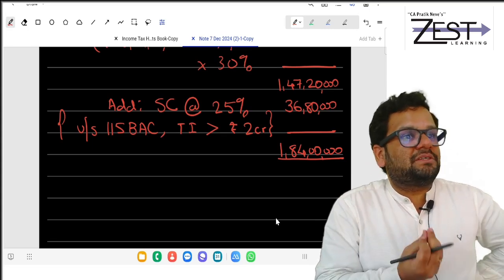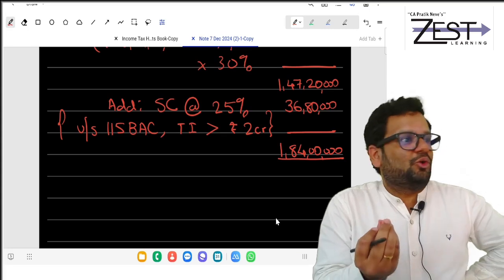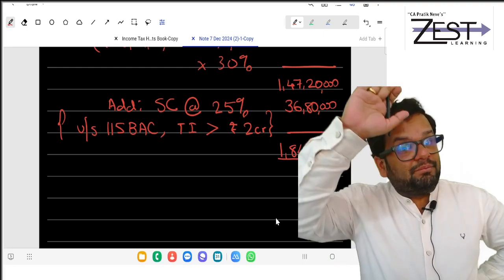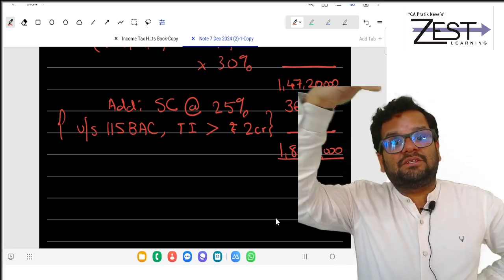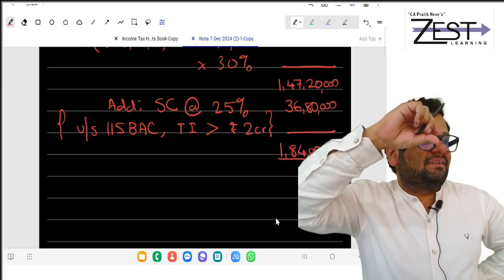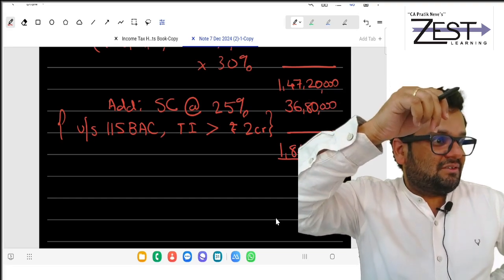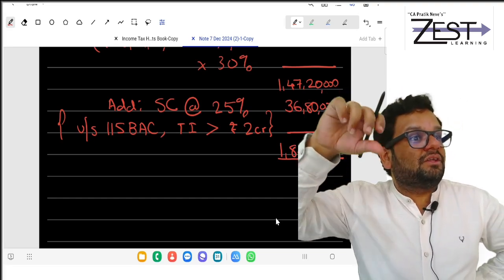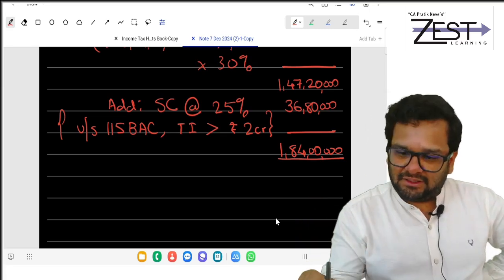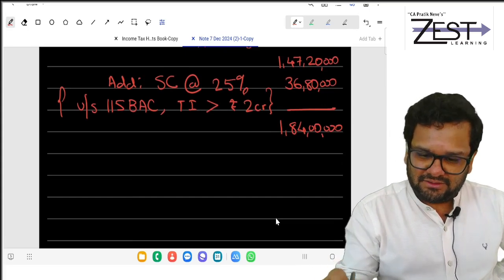You are not aggrieved. Because beyond 2 crore, your income is 3 crore 1 lakh. So there is no extra surcharge because of extra income. So 1 crore 84 lakhs is final answer.